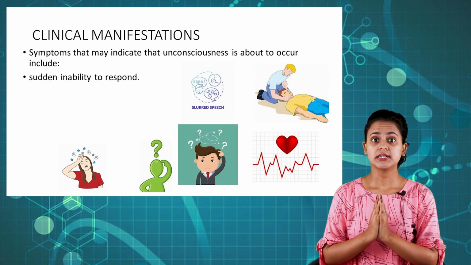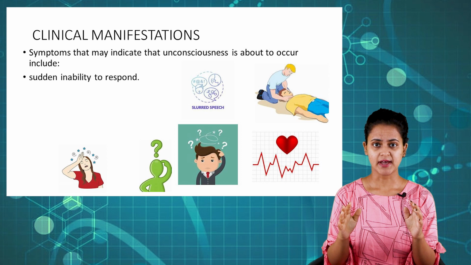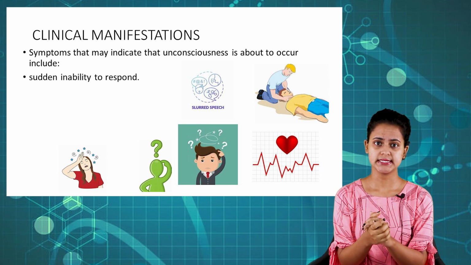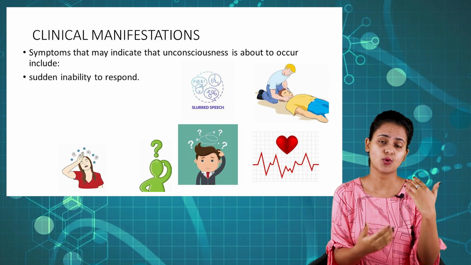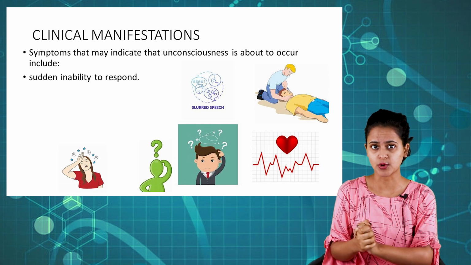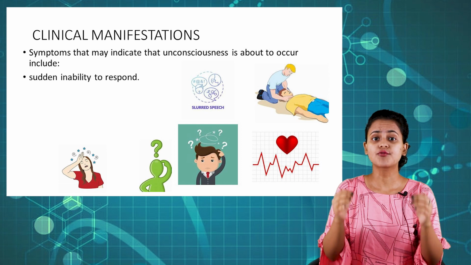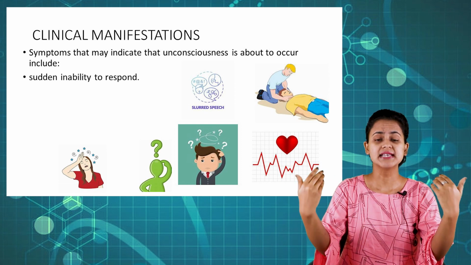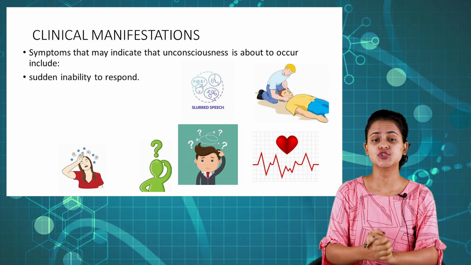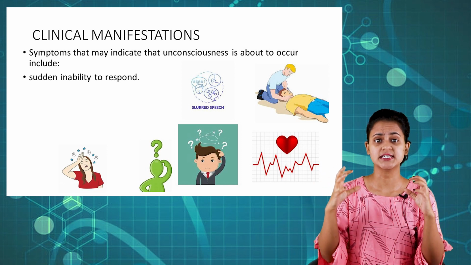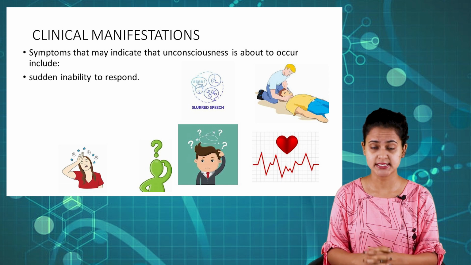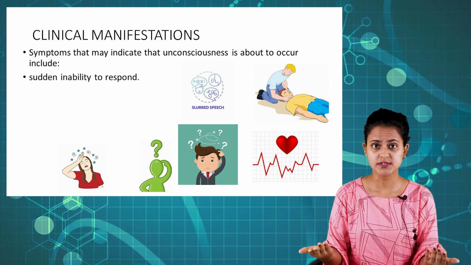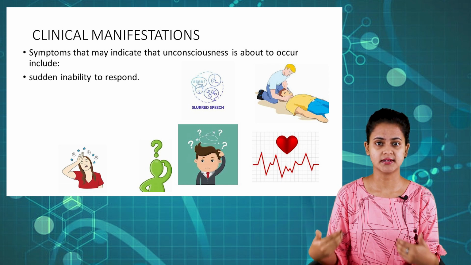So now we should learn about the clinical manifestations which are very commonly seen among persons who are suffering from or have reached the state of unconsciousness. First and foremost, the important sign or symptom which is almost always very identifiable for a client at an initial stage is sudden unresponsiveness towards external stimuli.